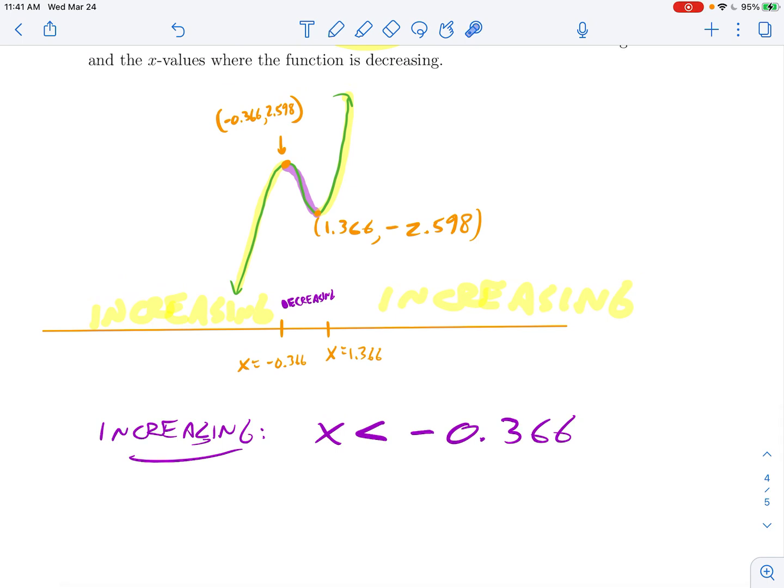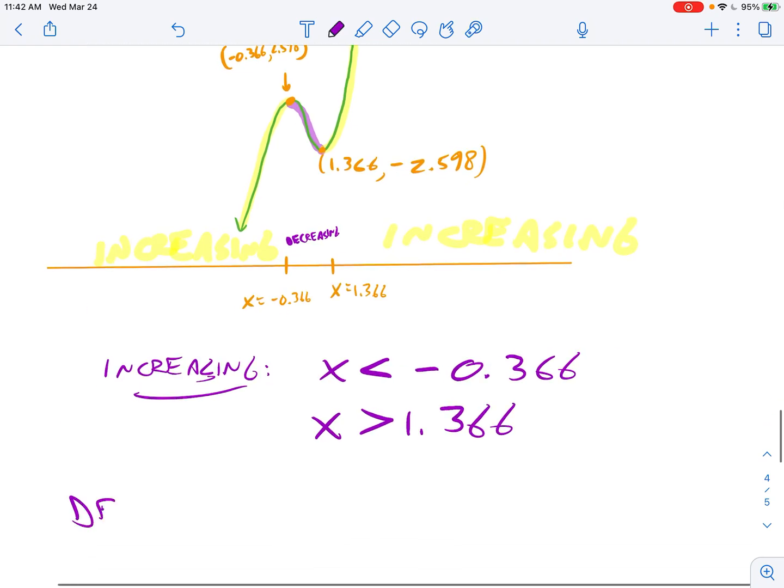But we're also increasing after the second turning point. So we're to the right of this number on the number line. X is greater than 1.366. We're describing which x values, and we're using inequalities to do that. Before means you're less than something on the number line. After means you're greater than something on the number line.